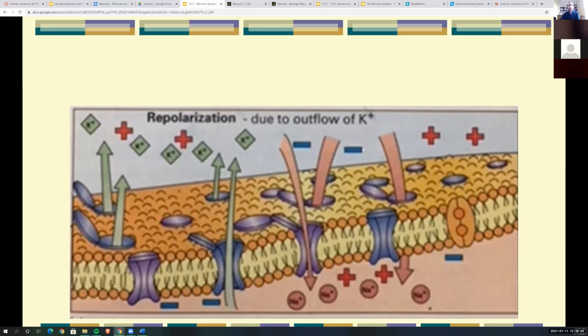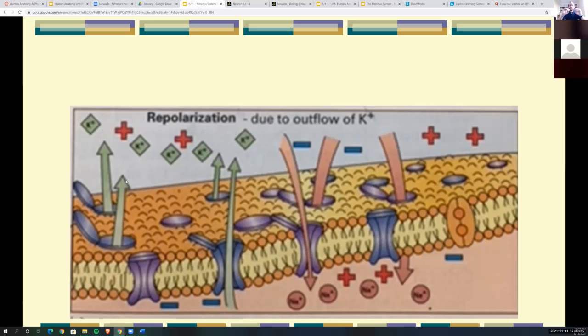Then after that signal travels down, the negative is the signal. Think of electricity. It's a negatively charged phenomenon. Because there's so much positivity in here, the positive potassiums are going to start flowing out of the cell, because there's just too much positive charge in here now that all these positive sodiums flooded in. All those potassiums with the positive charge are going to create an overall positive charge out here.